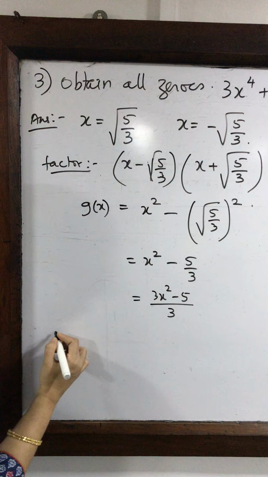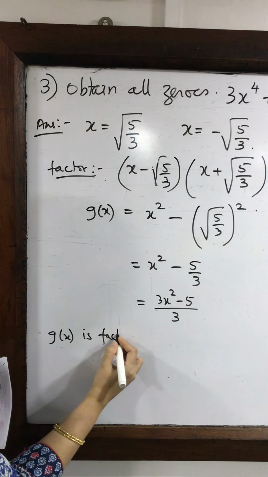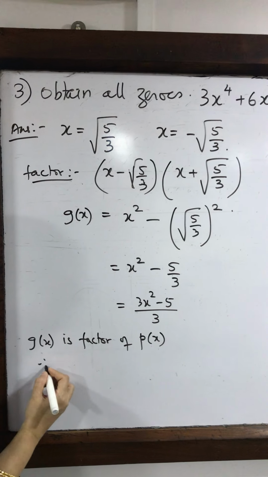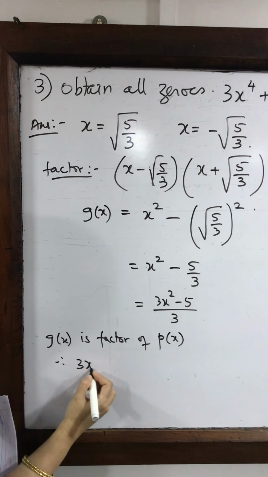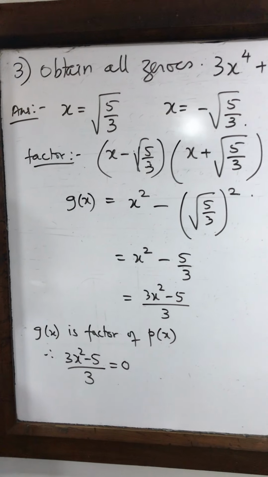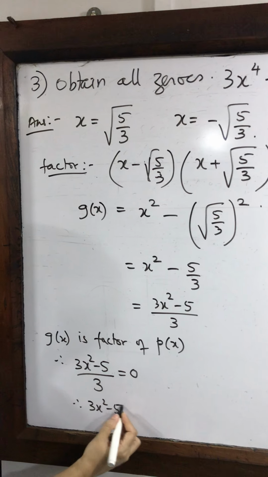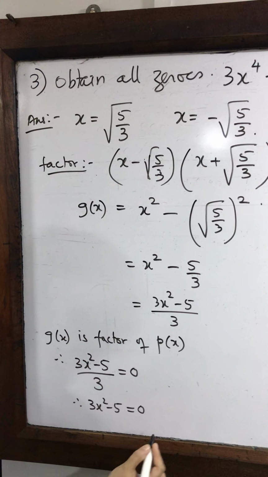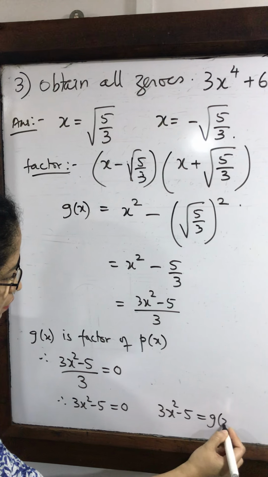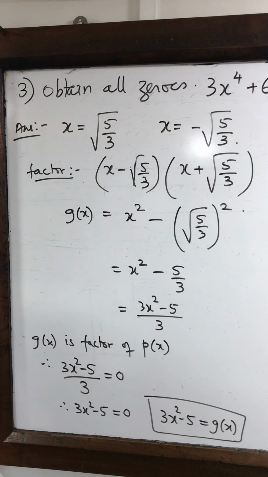Now gx is a factor of px, of the dividend that is given. Therefore, this value 3x square minus 5 upon 3 we will equate to 0, and therefore 3x square minus 5 equal to 0 is the value of gx that we will take to solve our sum further.